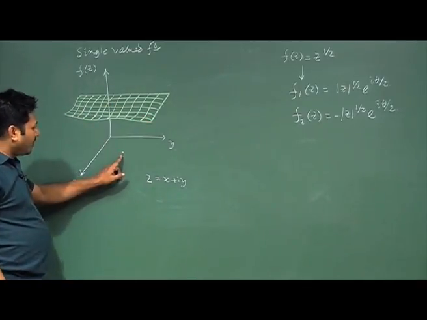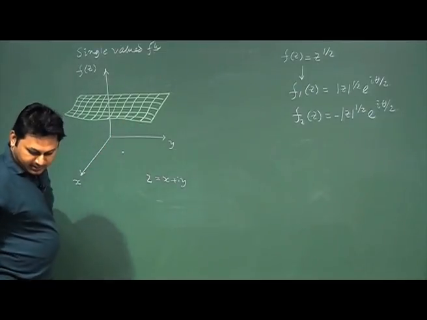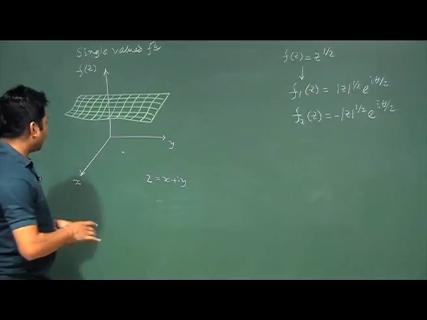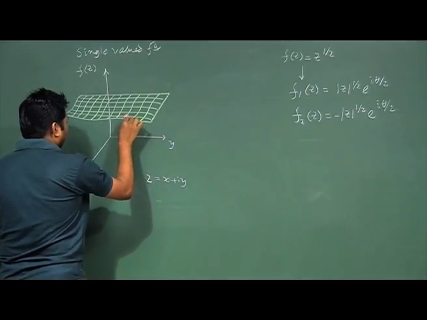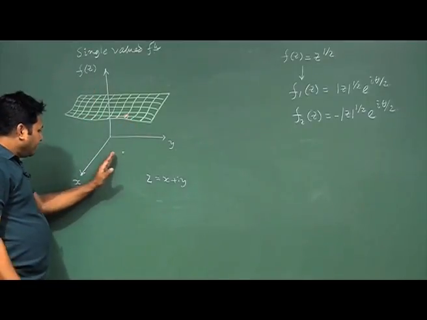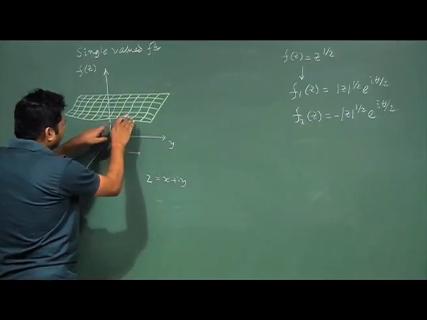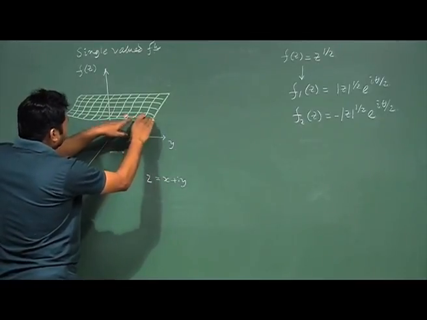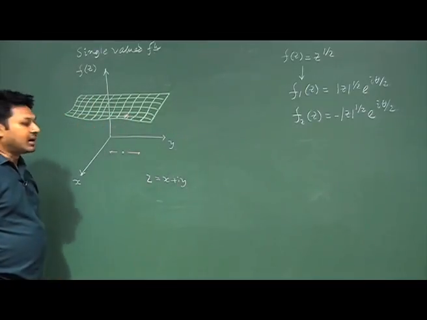So, I have one point here, and for this point I will have one point, by red mark, over this sheet f(z). Then if I shift this point to somewhere here or somewhere here, I am moving this point in f(z), and I am making this surface. This is an arbitrary surface.